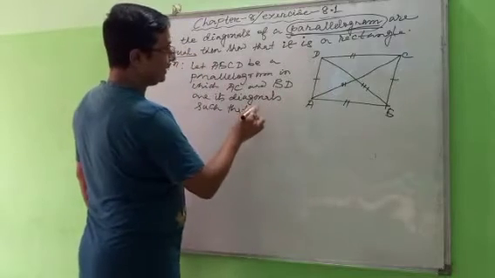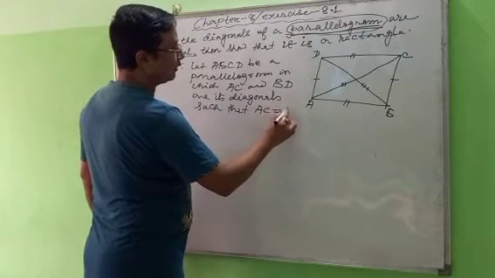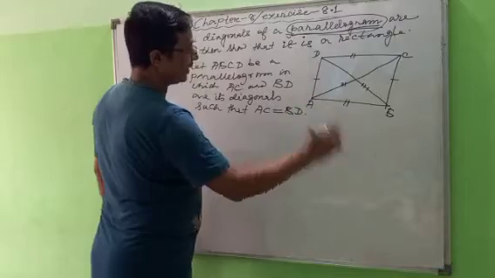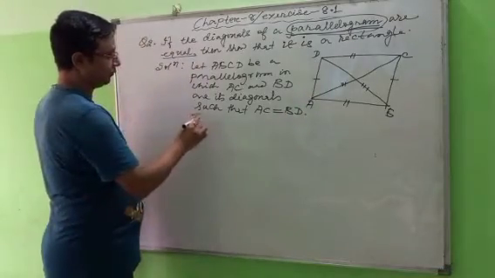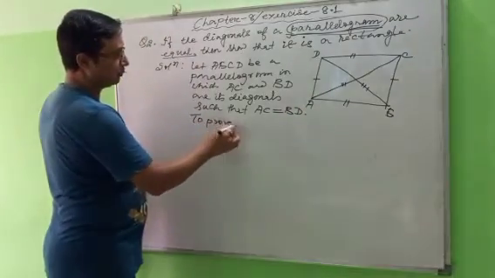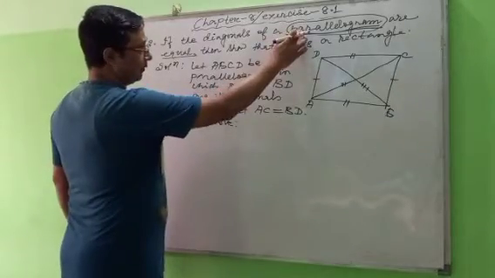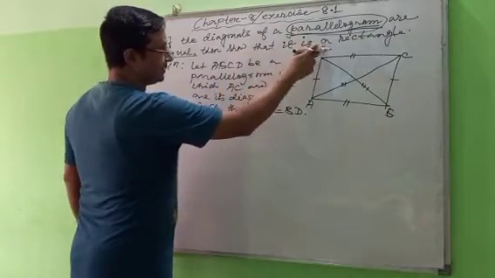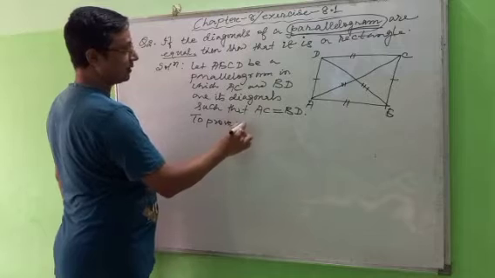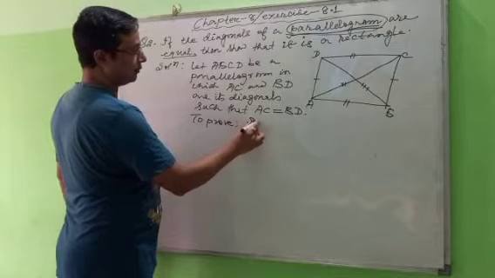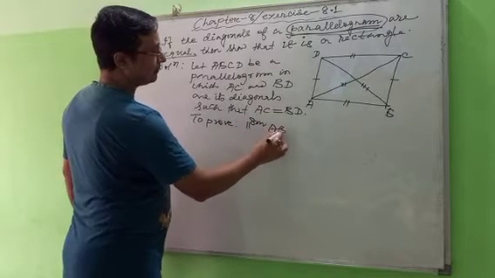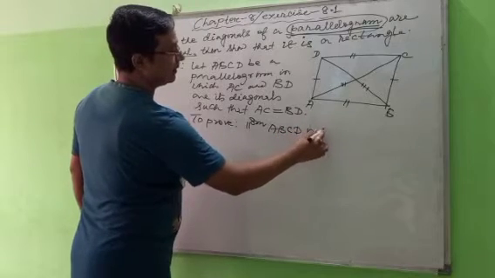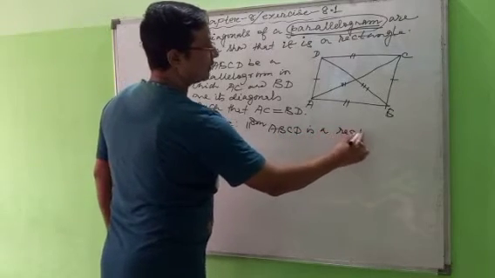So AC equals BD. Now we have to prove that parallelogram ABCD is a rectangle.